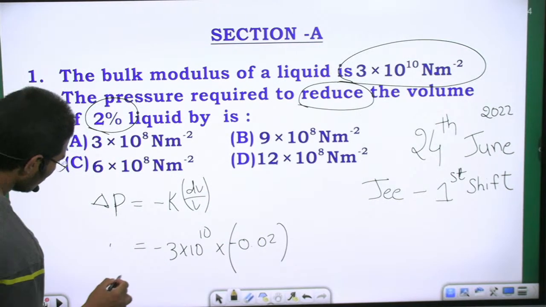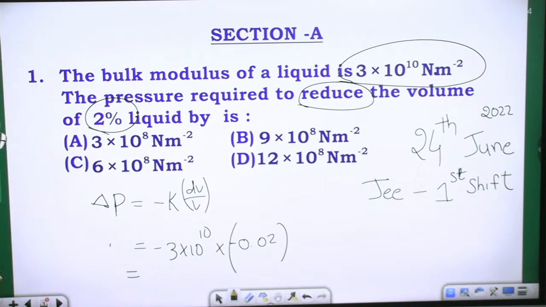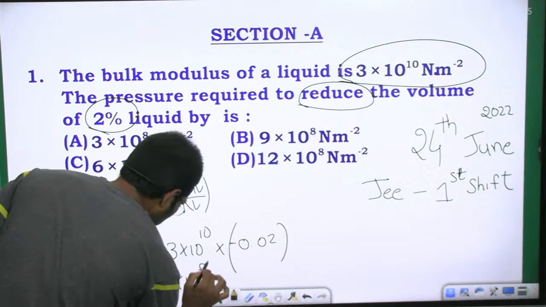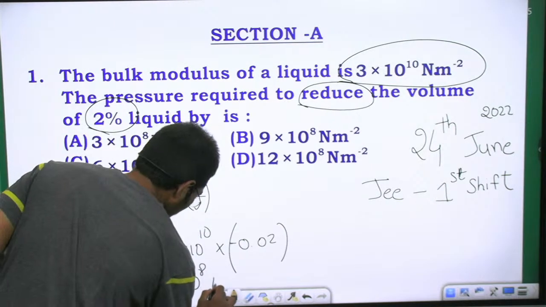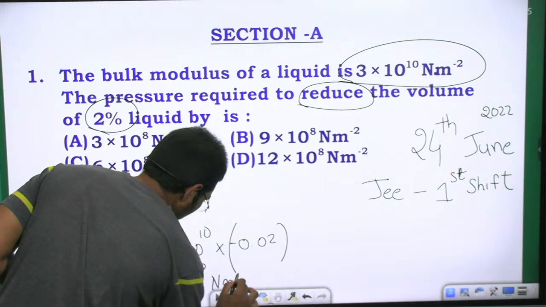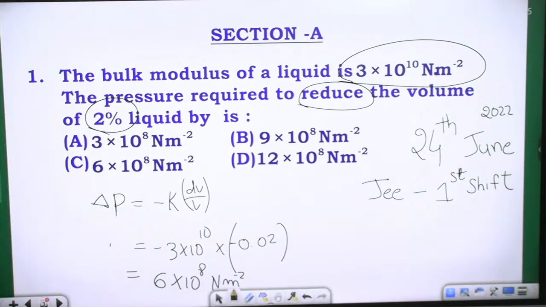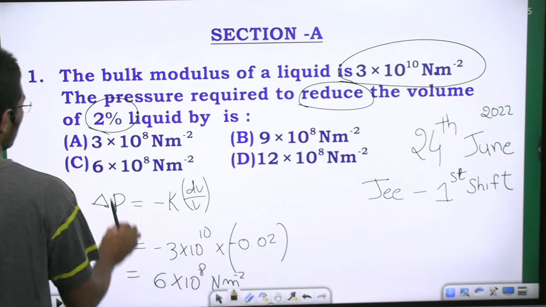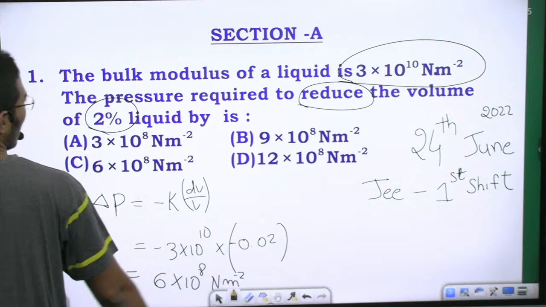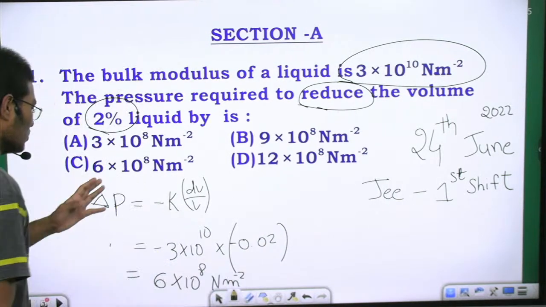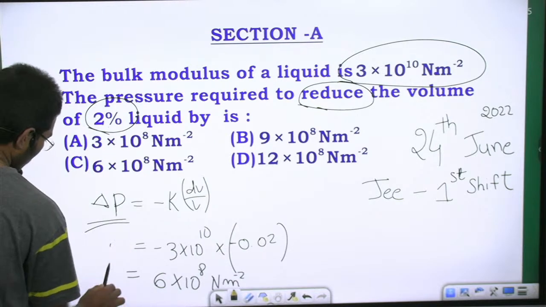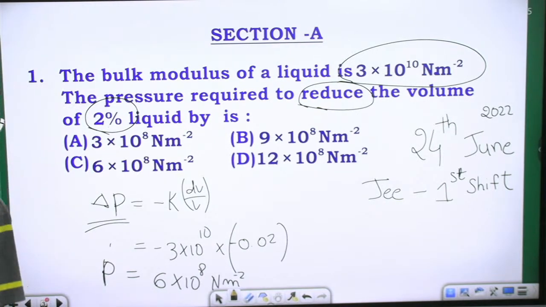So the final answer you will be getting is 6 into 10 power 8 Newton per meter square. So direct formula substitution: we have bulk modulus K, dV by V is 2%. As it is being reduced, we get a negative sign. So substitute it, we get the pressure required, P, as 6 into 10 power 8.